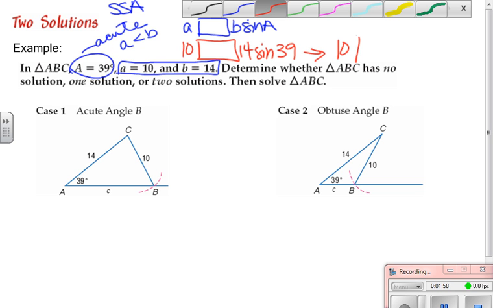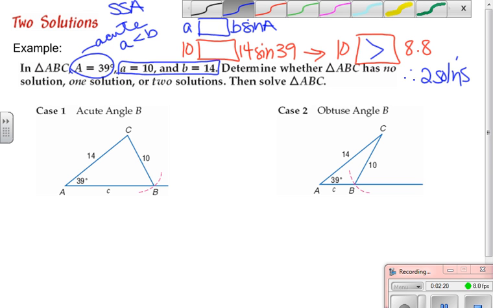How does 10 compare to 8.8? It happens to be greater, and when that happens, I have two solutions possible. I am in the middle, two solutions.